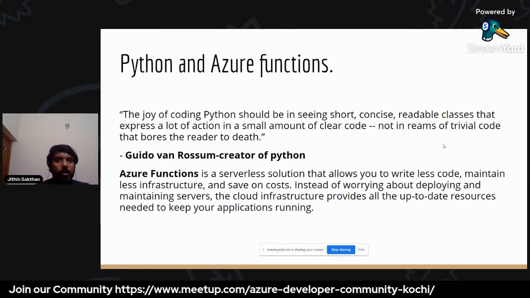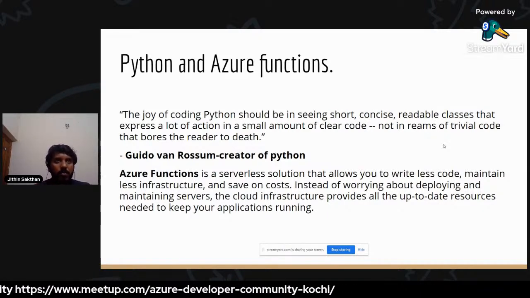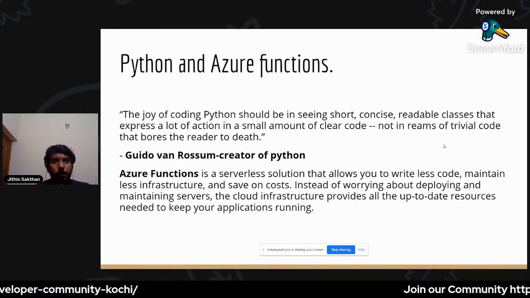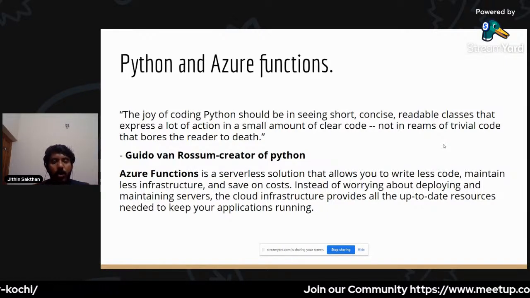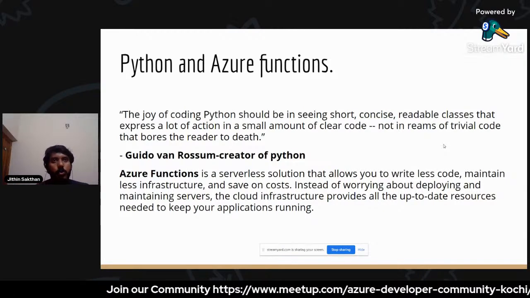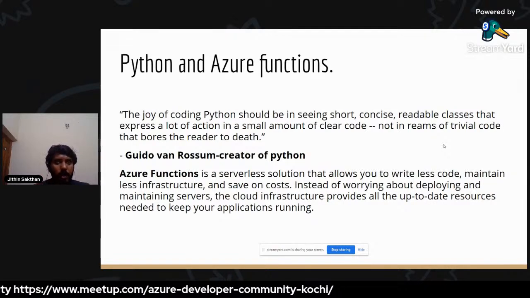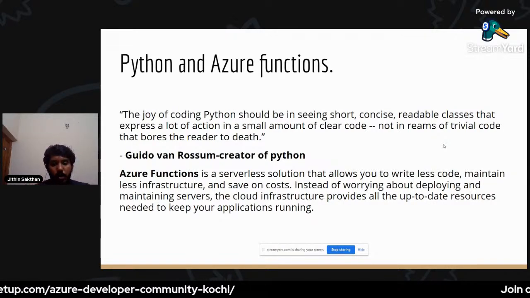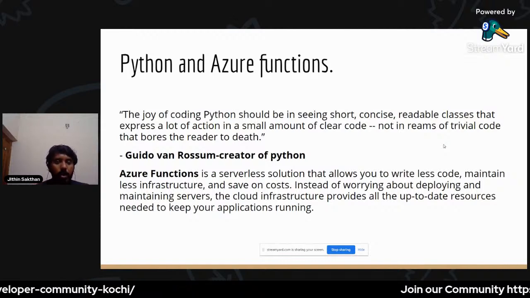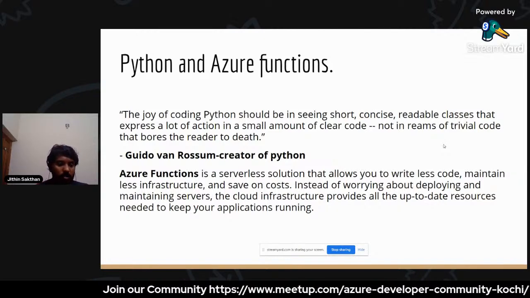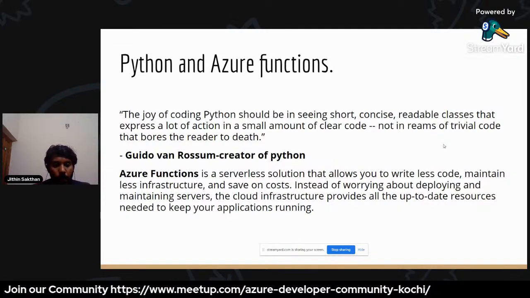When we create apps, we have to know how to manage those things, but when we create Azure functions, we are not bothering about the infrastructure. That's the main thing. We just use the infrastructure and the provided resources in our Azure function.